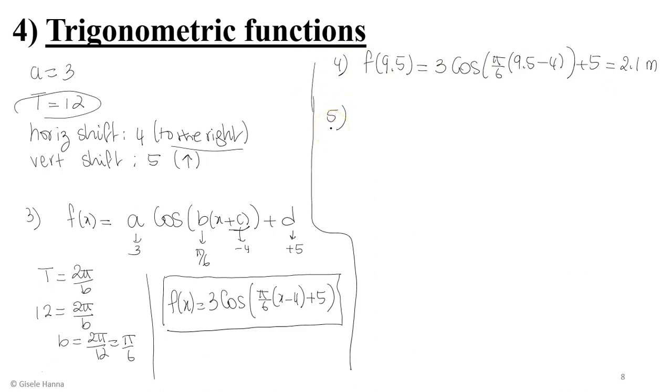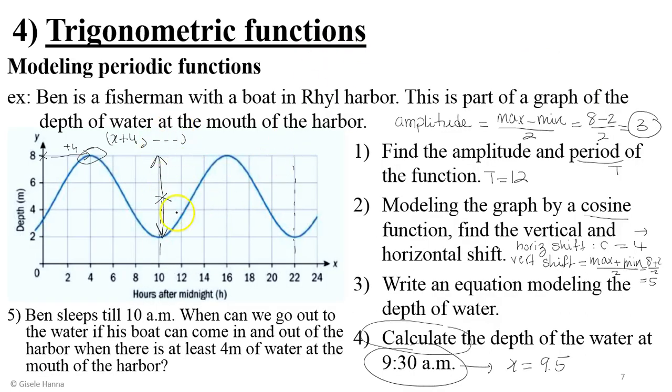Anyway, part 5. Part 5 says that Ben sleeps till 10 a.m. When can he go out to the water if his boat can come in and out of the harbor when there's at least 4 meters of water at the mouth of the harbor?